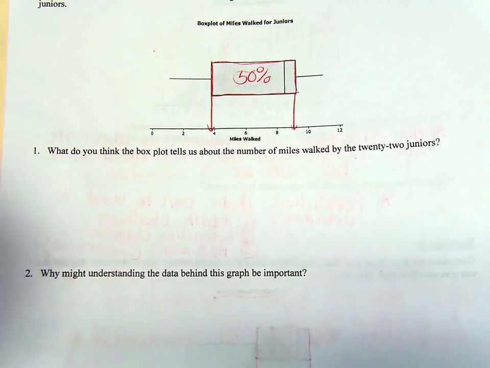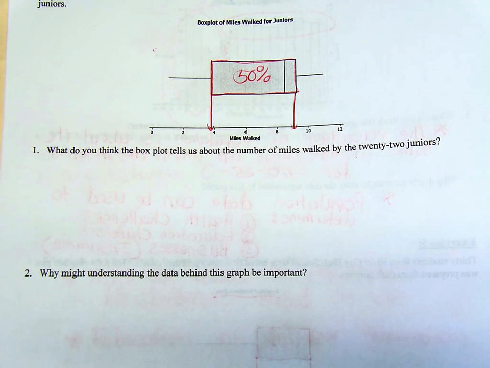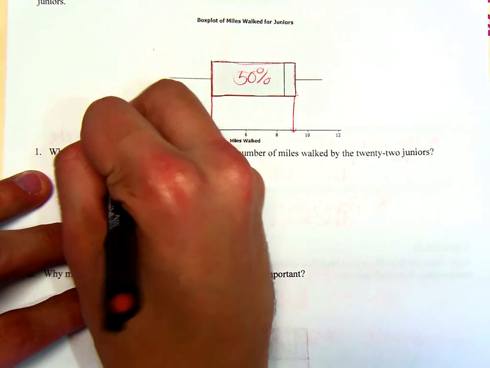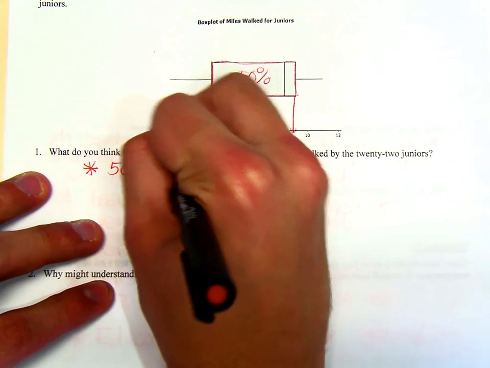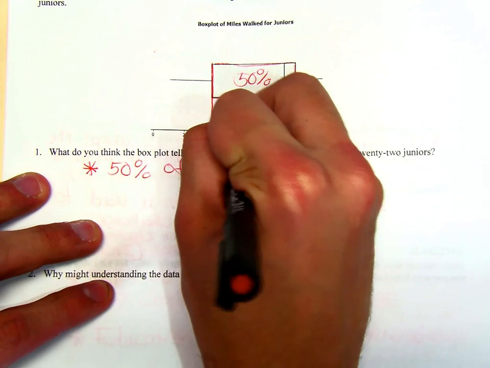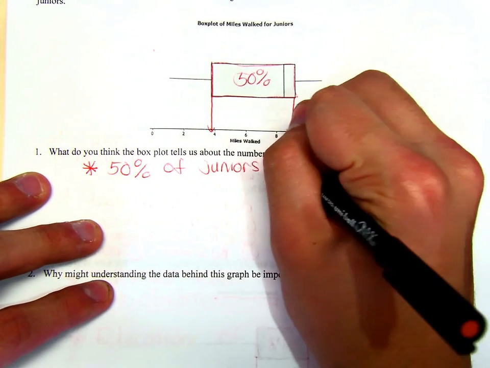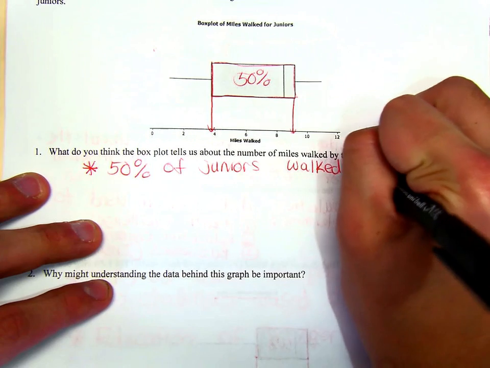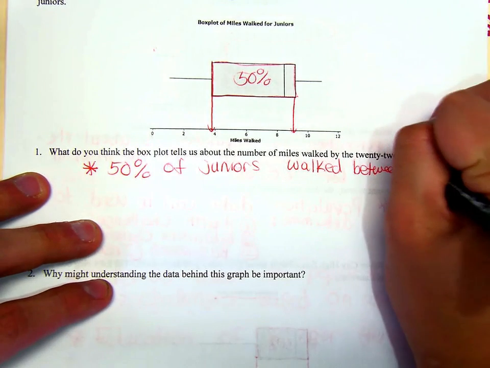So we know that 50% of the juniors walked 4 to 9 miles. So we could say 50% of juniors walked between 4 to 9 miles.